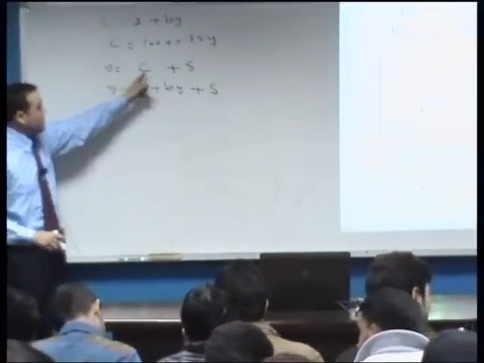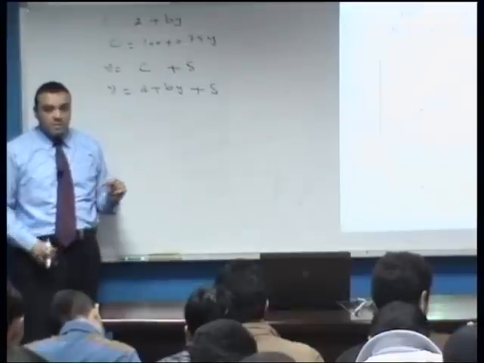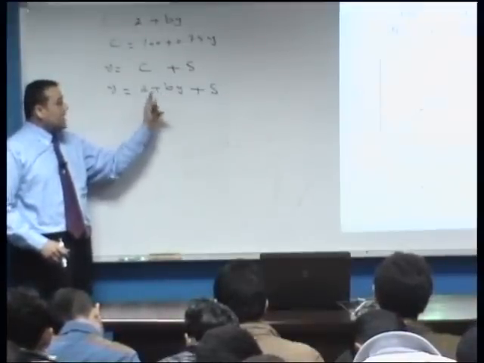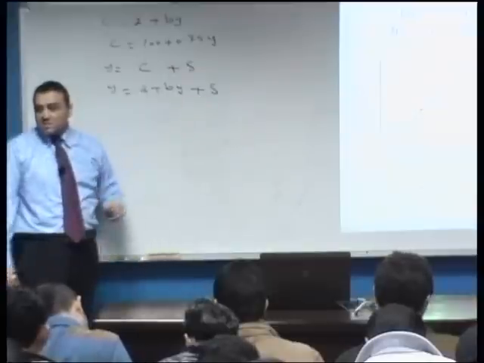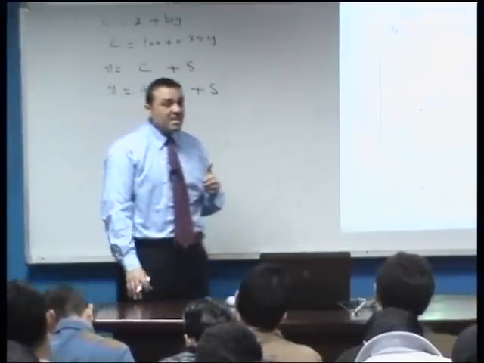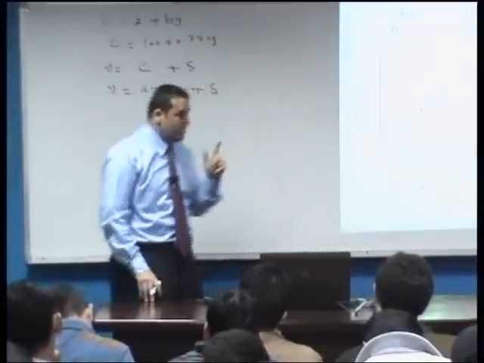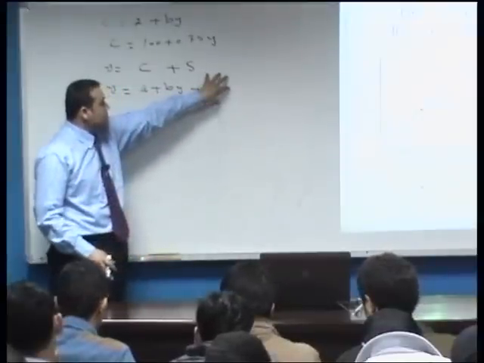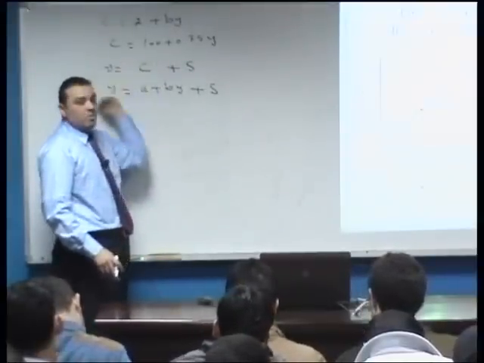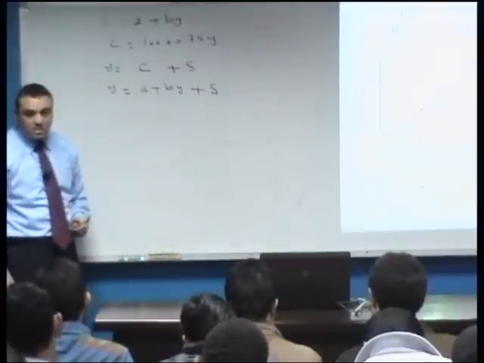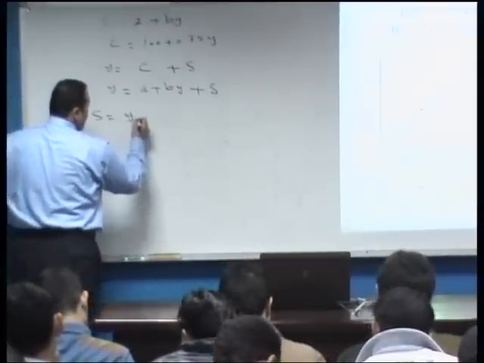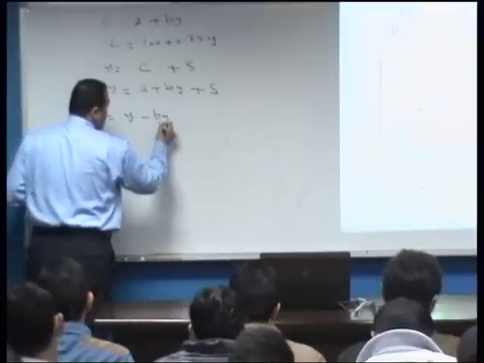Y equals C plus S. Substitute for C: Y equals A plus BY plus S. The question is to derive the saving function, so we want S. S equals Y minus A minus BY. Another way to write it: S equals Y minus BY minus A.